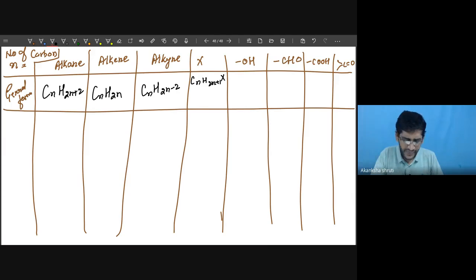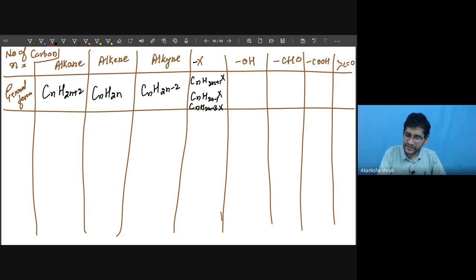If the alkene contains this halo group, then it becomes CnH2n-1X. If an alkyne-containing compound has X, then it becomes CnH2n-3X. Okay, means one of the hydrogens has to be replaced by the X.